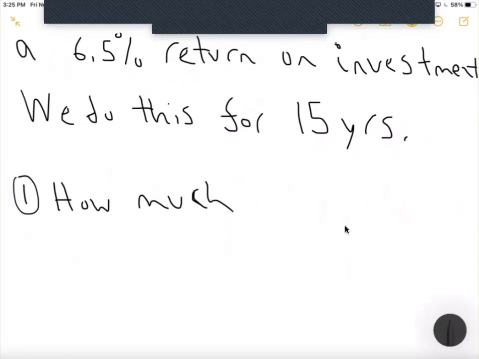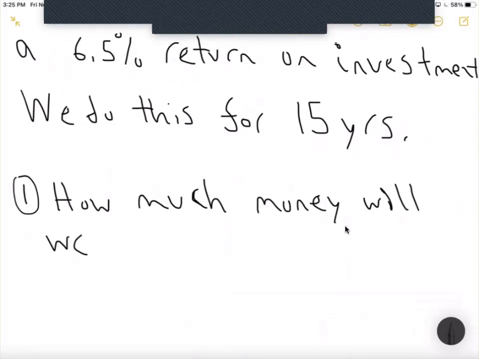How much money will we have after 15 years?